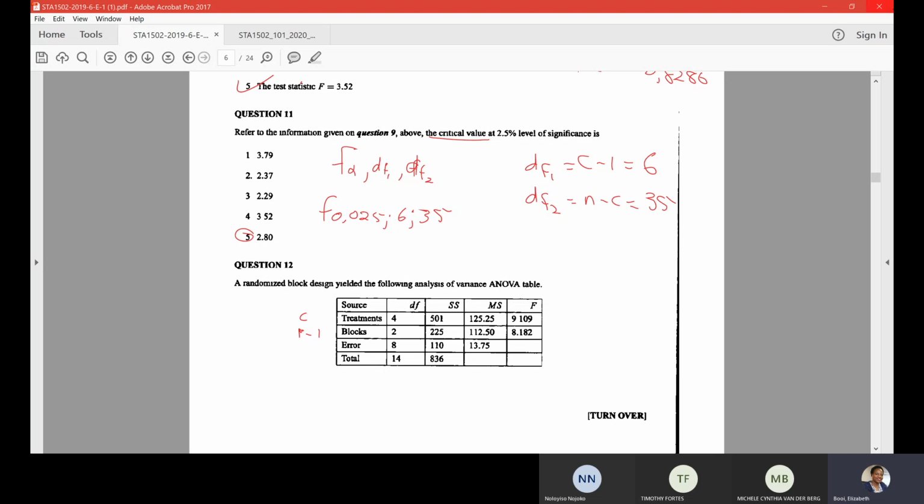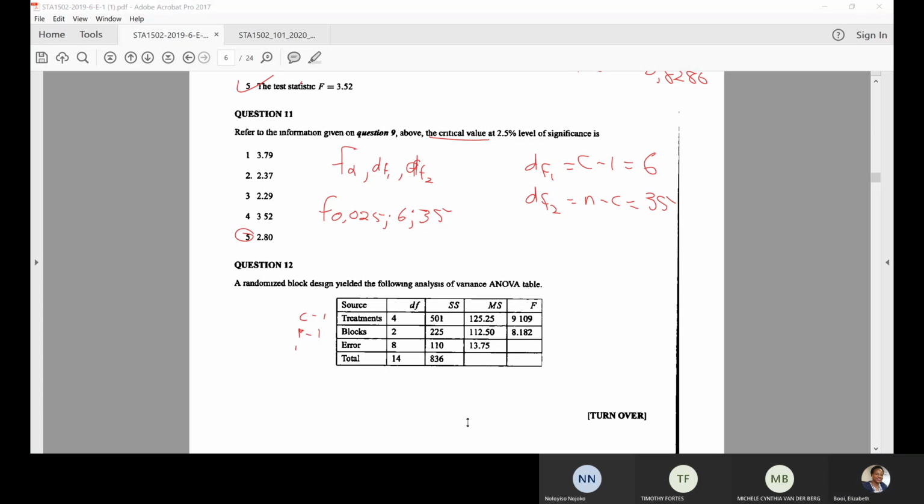For treatment, it will be number of groups minus 1. And for the error, it will be number of blocks minus 1 times number of groups minus 1.